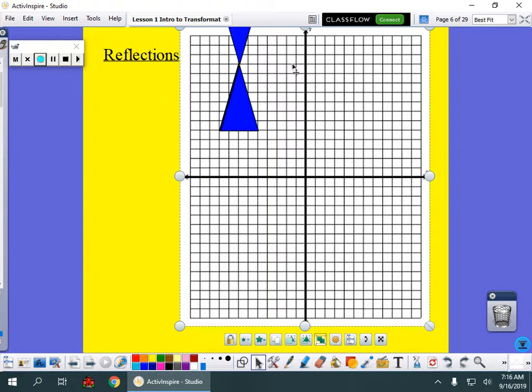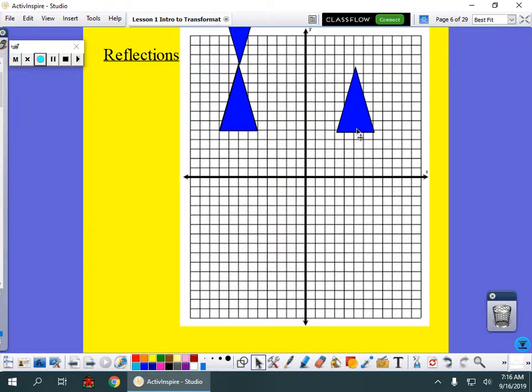I reflected over the line y equals 12. Okay, we could also reflect this way. 1, 2, 3, 4, 5, 6. 1, 2, 3, 4, 5, 6. Here I reflected over the y-axis, which is the same as the equation x equals 0, that line. So here we're 5 units away, here we're 5 units away. Sorry, I think I did one too many right there.